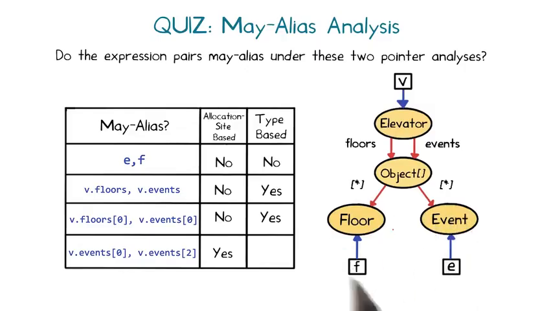So according to this graph, v.events of 0 could point to either the floor node or the event node. And v.events of 2 could also point to either the floor node or the event node. Since the sets of nodes they could point to overlap, we cannot prove using this heap abstraction that v.events of 0 and v.events of 2 do not alias. So, we answer yes to the question of whether they may alias.